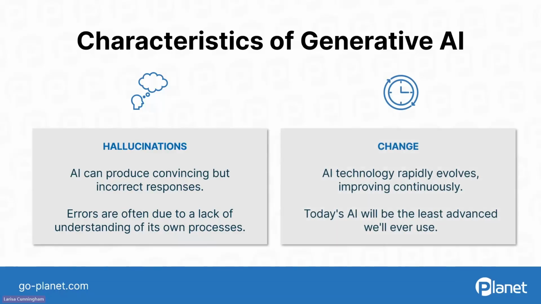The other characteristic is change. I'm sure you've all seen this, but more than any other tool or software, AI technology is rapidly evolving, and there are times where I will do something one day and come in and a brand new feature makes that way easier, or certain things have moved.